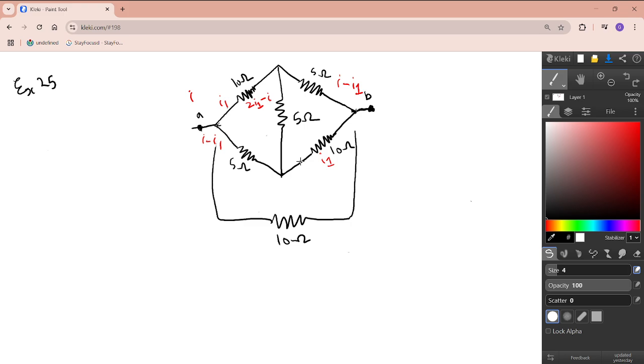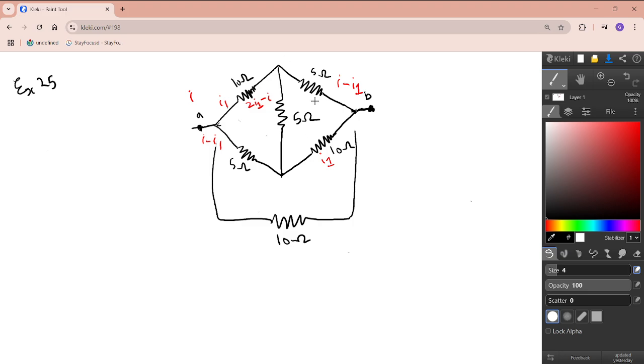The fact that there's a 10 and 5 ohm present here has already been used, because if the 10 and 5 are not present here, then this current will not be I and this should not be I minus I1. You may think that you are going through this and this, so you're completely ignoring this 5 ohm. No, we cannot. Because of this 5 ohm only, you have an I minus I1 and I minus I1 here and an I1 here.